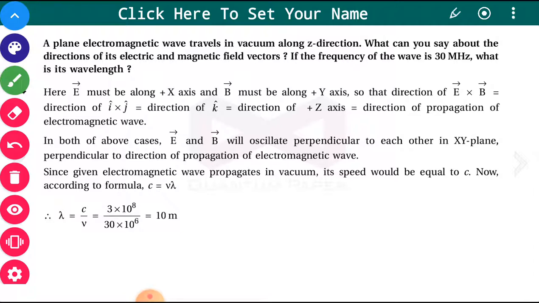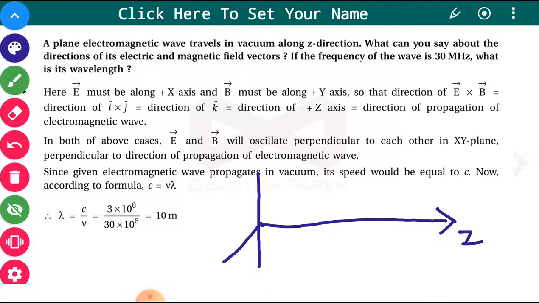Now see, E must be along positive x-axis because the plane electromagnetic wave is traveling in vacuum along z direction. So propagation of the wave is in z direction. So this is the direction, say z direction. Then here E must be along x-axis and B must be along the positive y-axis.